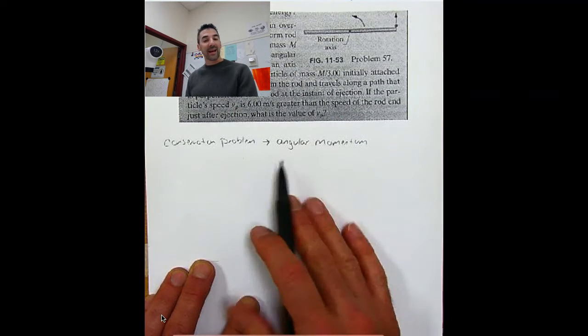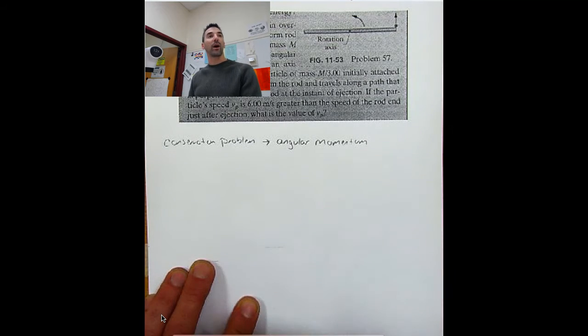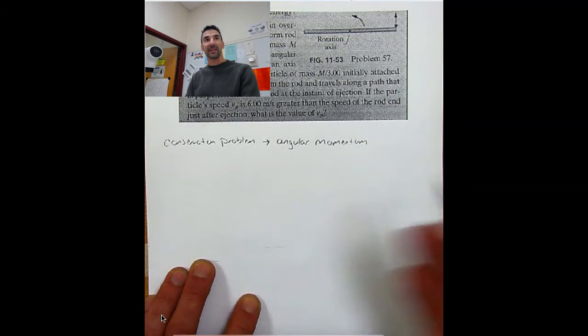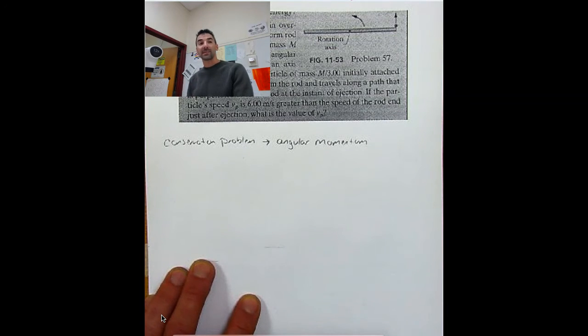So the things that I know from my question is, rewind and back that up. We knew there were 3 types of collisions in linear momentum, or interactions as I call them. One of them was an explosion.